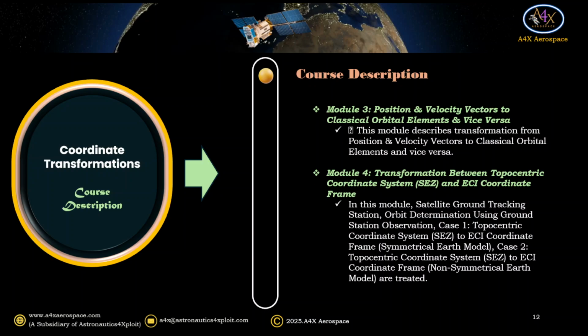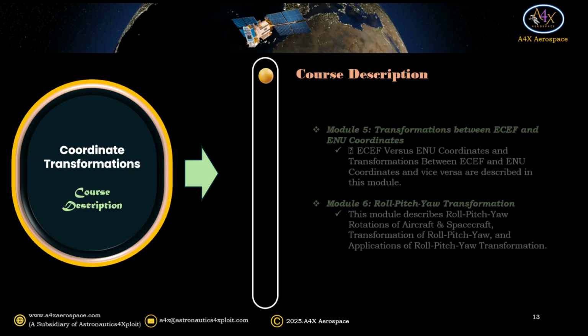Module 4. In this module, satellite ground tracking station, orbit determination using ground station observation, Case 1 topocentric coordinate system to ECI coordinate frame using symmetrical Earth model. Case 2 topocentric coordinate system to ECI coordinate frame using non-symmetrical Earth model are treated.